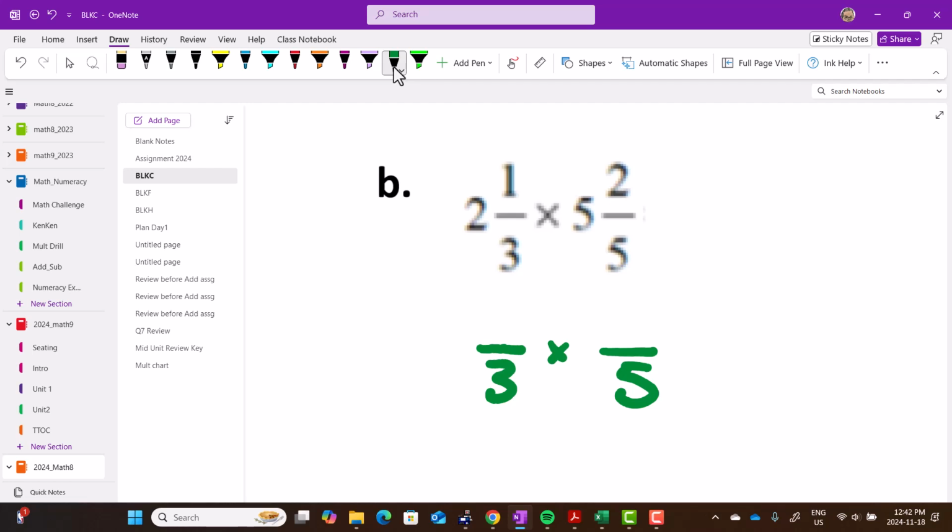Keaton? 7. 7, you're right. 2 times 3 gives us a 6. Multiply, then add. That one's 7. The other one's 27. 5 times 5 is 25. Add the 2, 27. Okay.